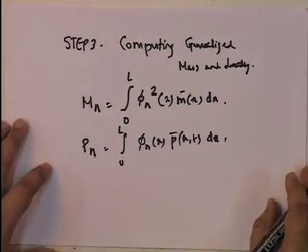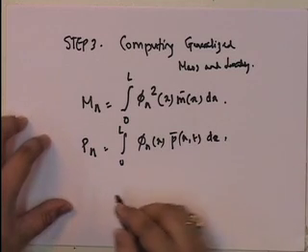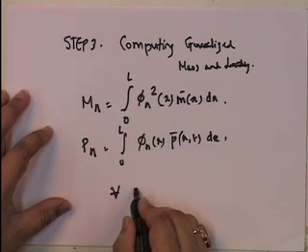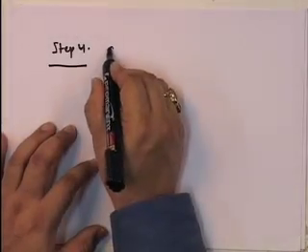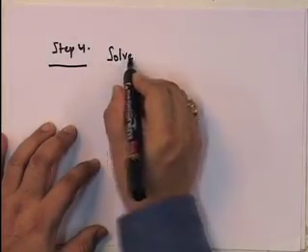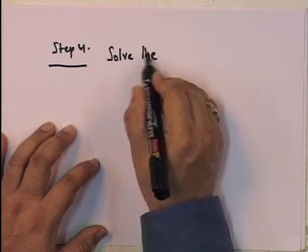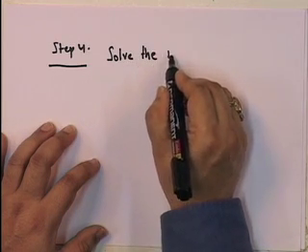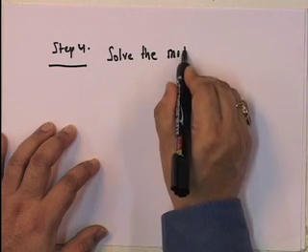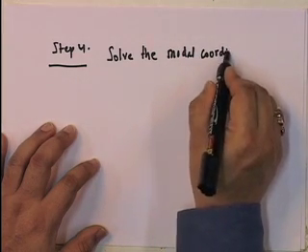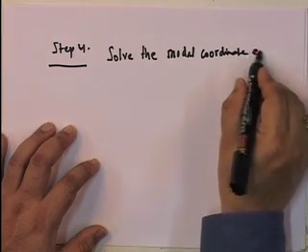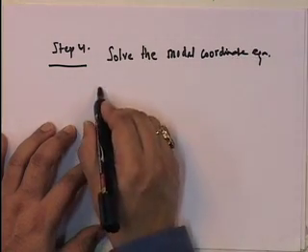Once you've found this for all n, the fourth step in the process is to solve the modal coordinate equation, which is what one?